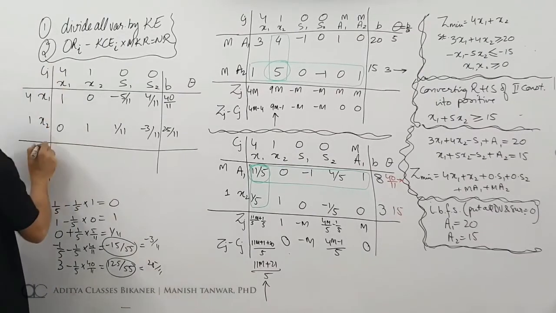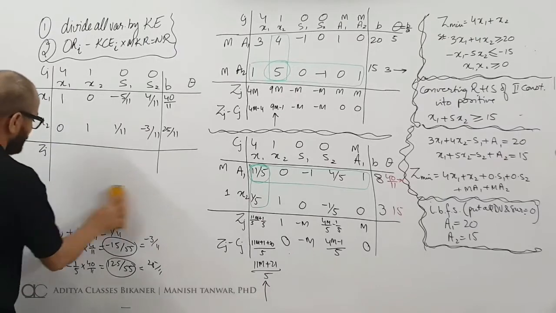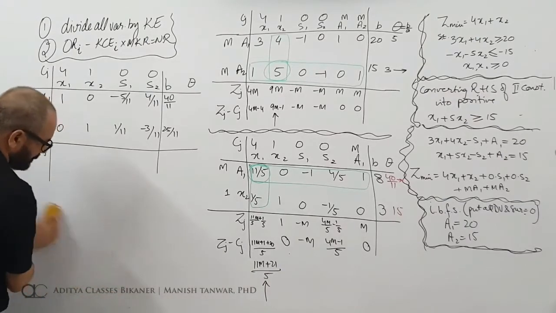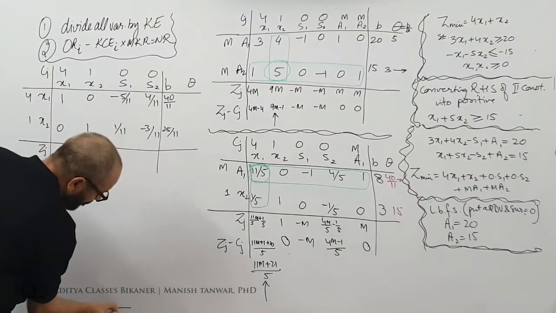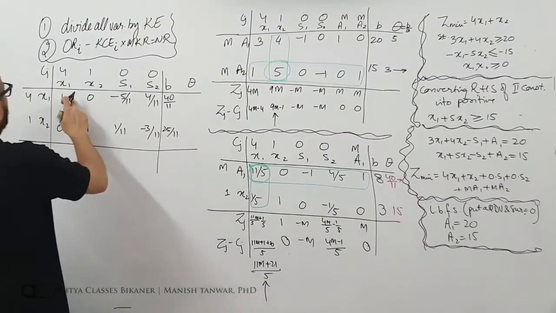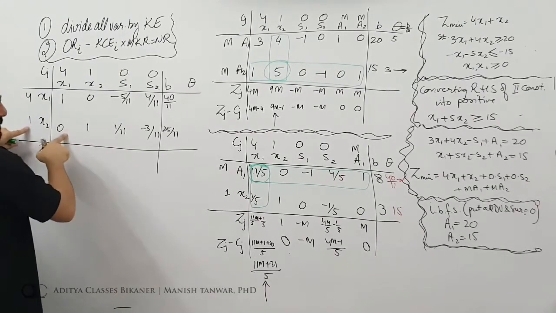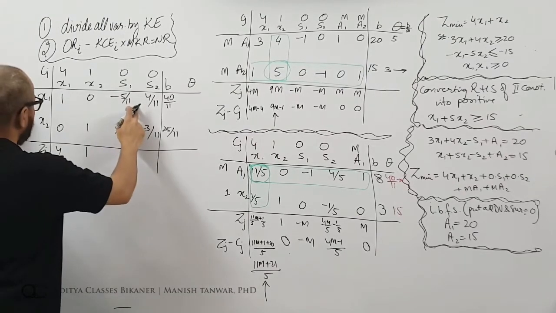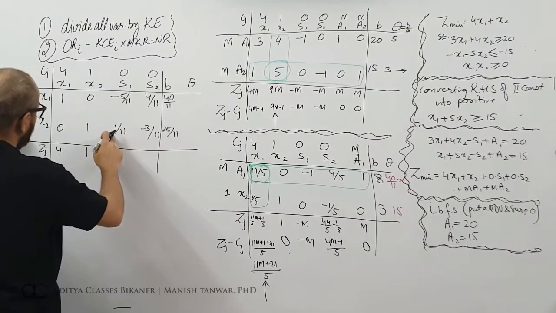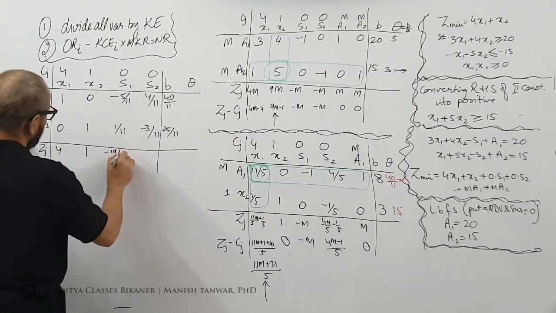We had Cj, we had Zj. Now let us find out values of Zj. Values of Zj would be 4. This will become 0. Then 0 plus 1 is 1. This will become minus 20 plus 1, minus 19 by 11.